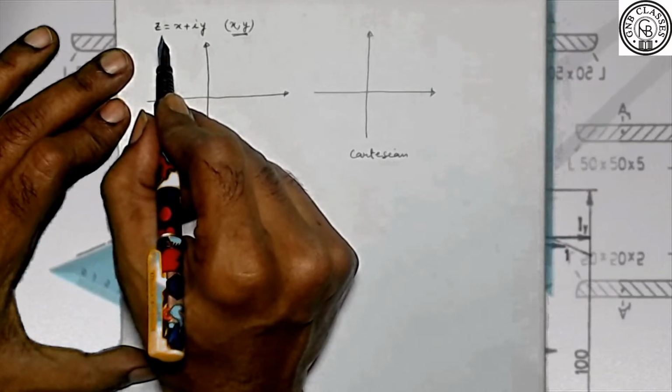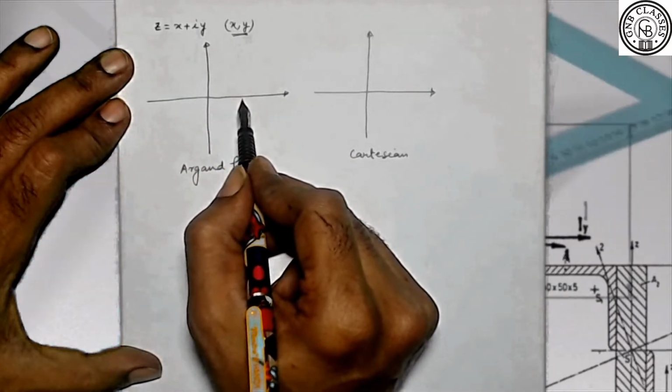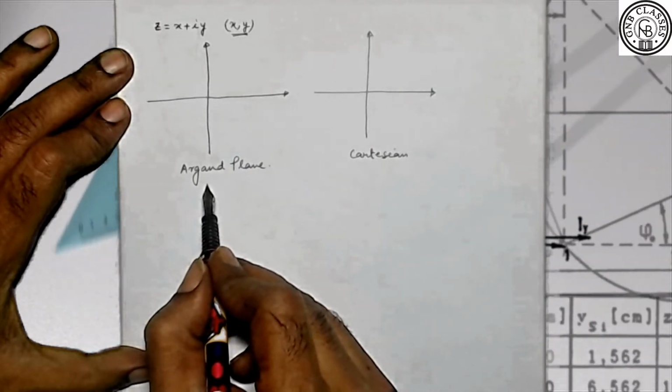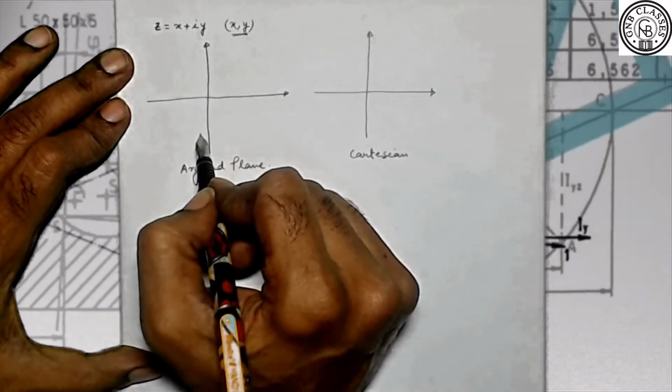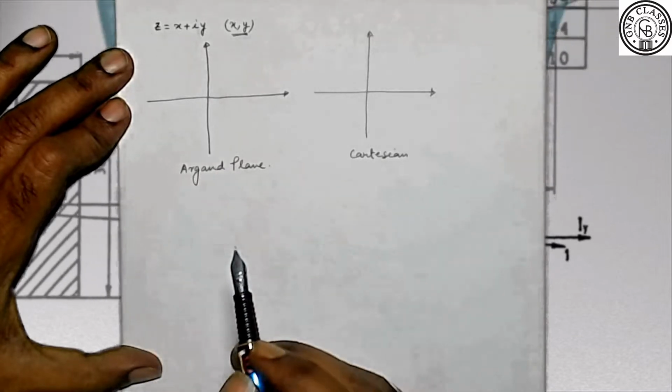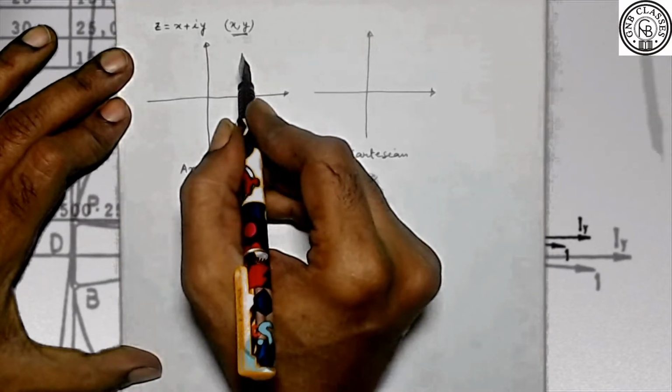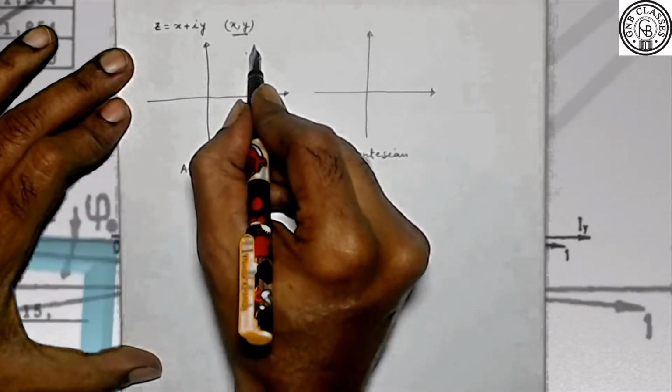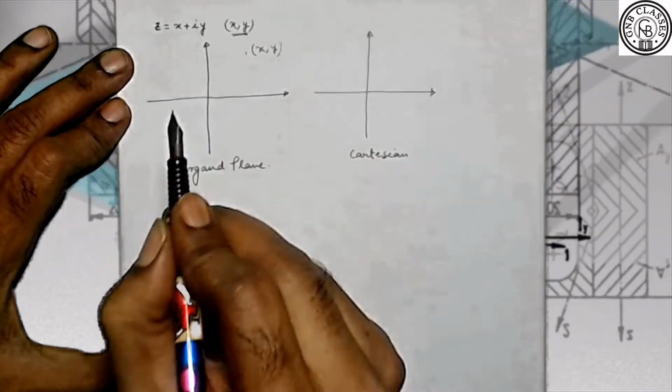So to represent that imaginary part on a plane which is called the Argand plane, we termed y as our imaginary axis. In that way, it is easy to plot any point on an Argand plane.